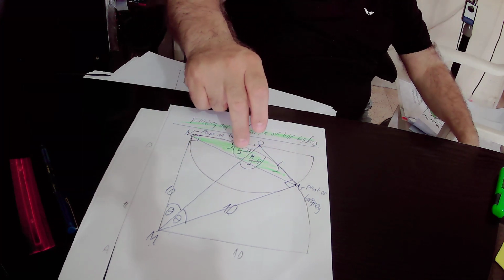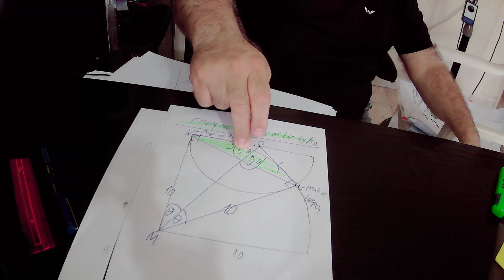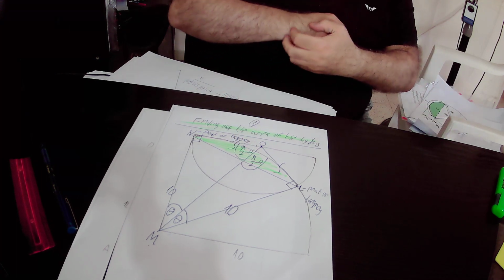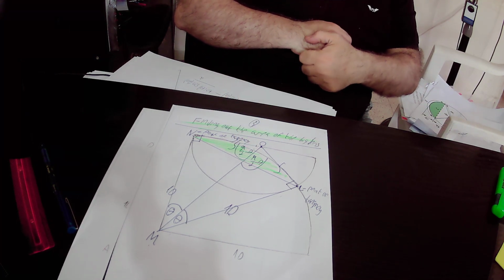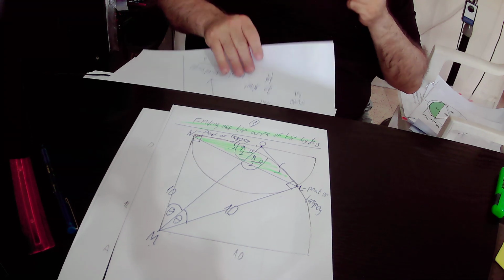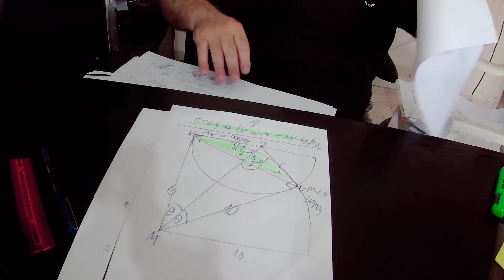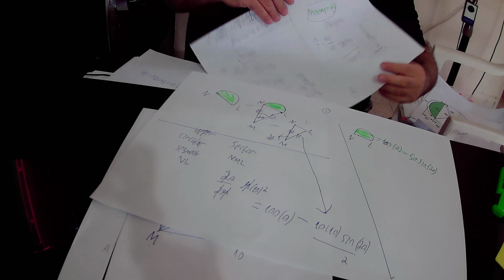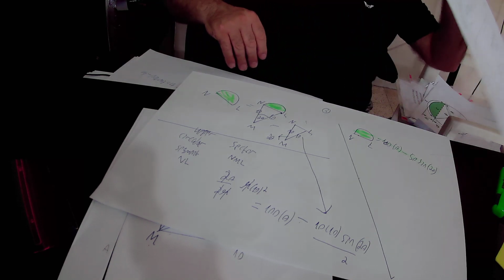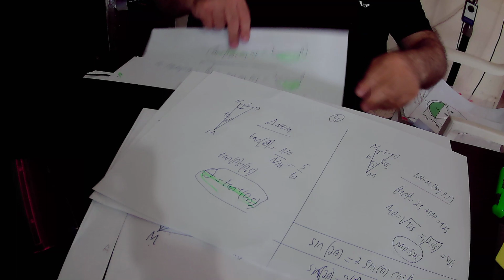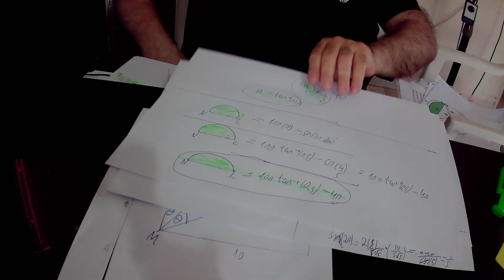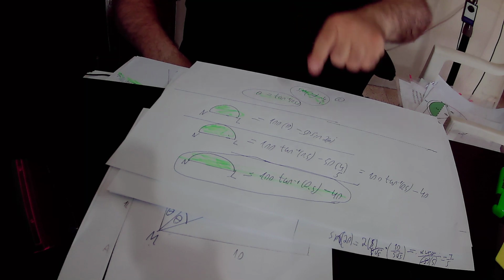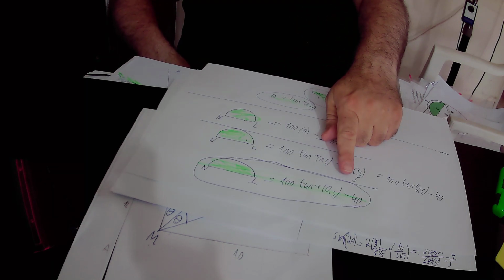First of all, we found the area of the upper circular segment of the big lens, which equals this expression.